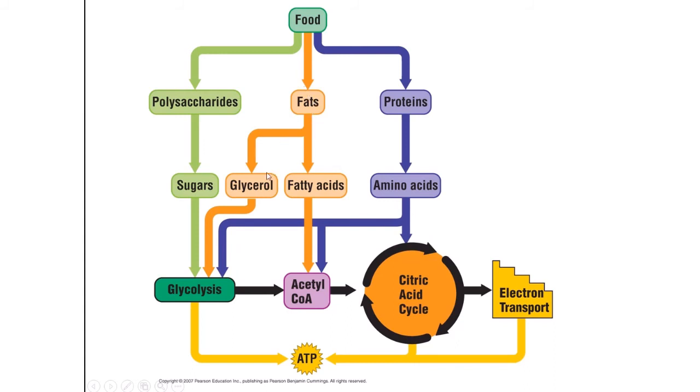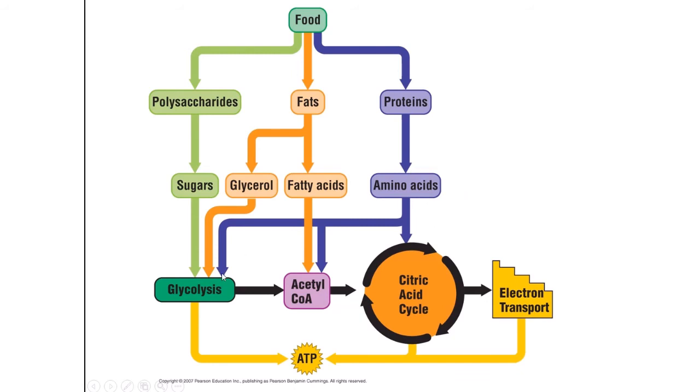fats can be broken down into glycerol and fatty acids, right? You know, the fat molecule, right, has one glycerol and 3 fatty acids. So the glycerol can be fed into glycolysis directly, whereas the fatty acids, they're going to be fed into the acetyl-CoA. Okay, proteins, depending on which amino acid it is, you have 20 different amino acids.